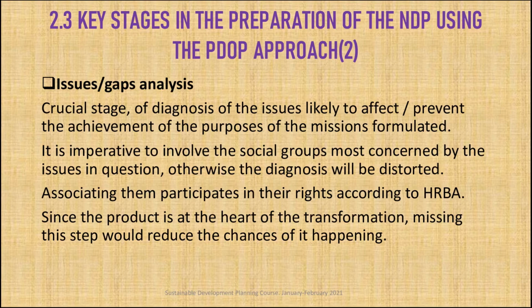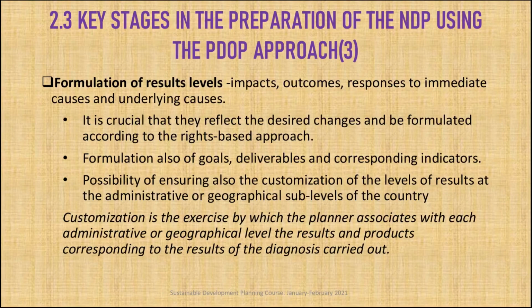Associating them participates in their rights according to the human rights-based approach framework. But beyond that, since the product is at the heart of the transformation, missing this step would reduce the chances of this transformation happening.